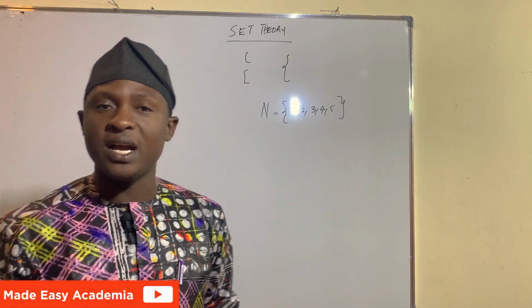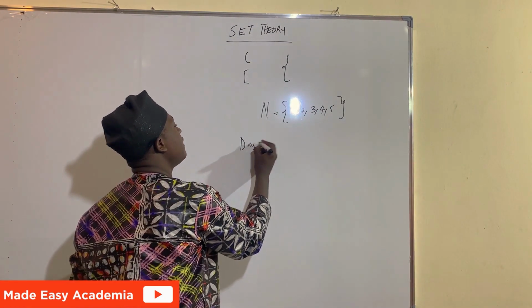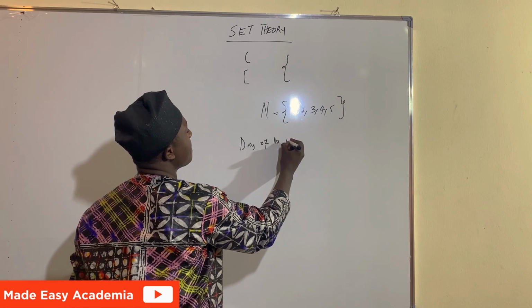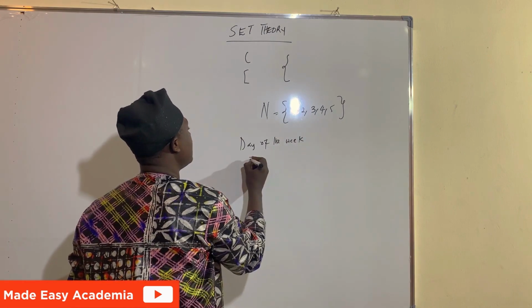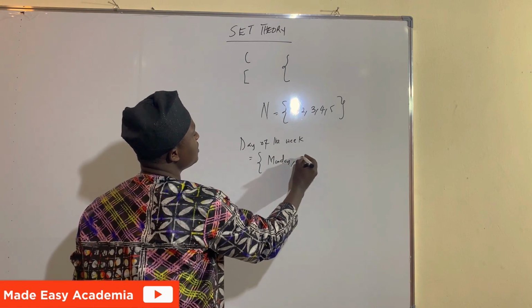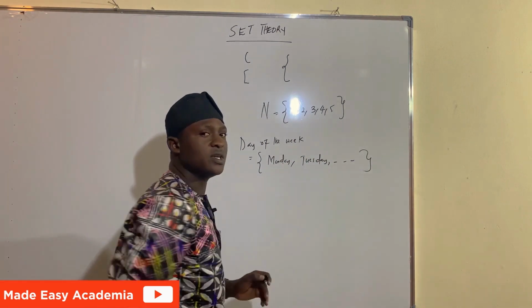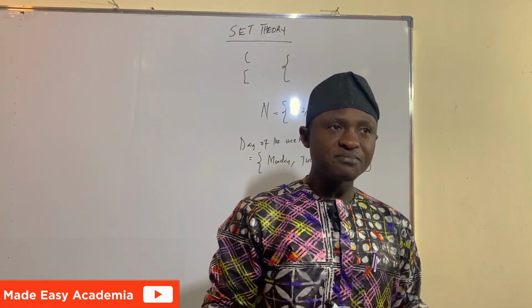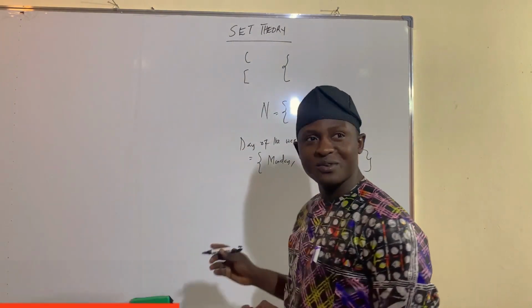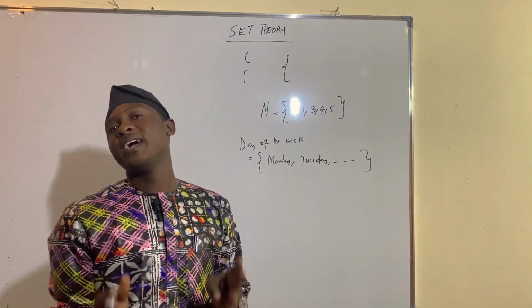At the same time it can be items also, or days of the week. Like for example, Monday, Tuesday, Wednesday, and so on. So a set can be either a set of numbers, as I mentioned, or items.